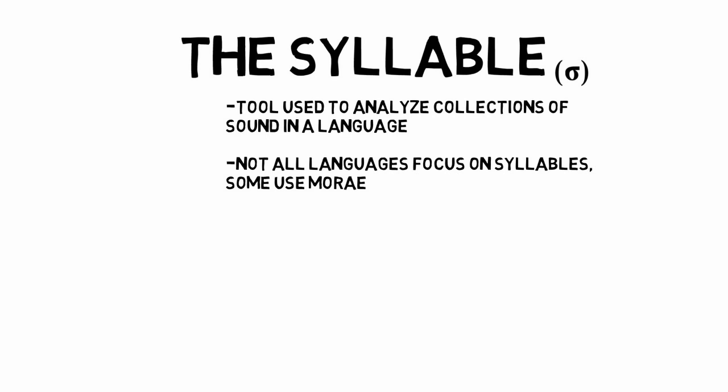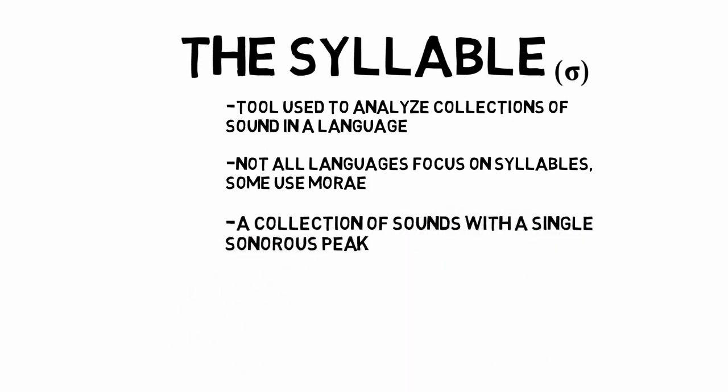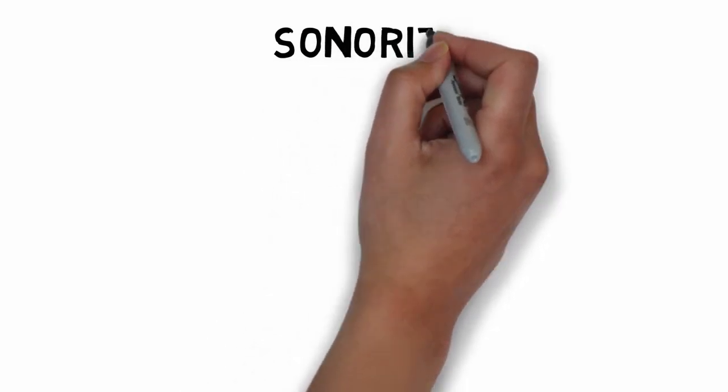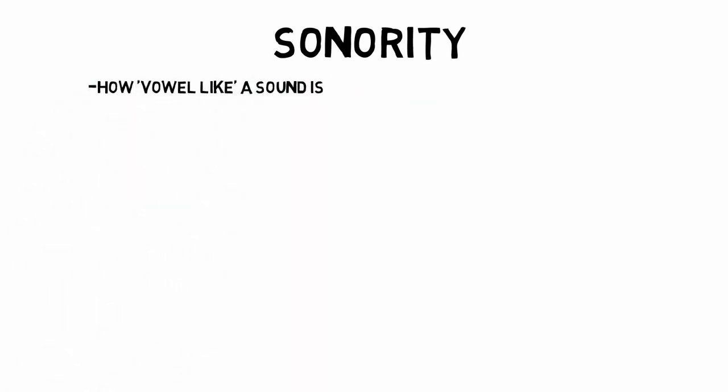In linguistics, a syllable is then defined as a collection of sounds with a single sonorous peak, which is only really useful if you know what the word sonorous means, and I don't think most people do. So let's talk a bit about sonority. Sonority is the feature of a sound that refers to how vowel-like a sound is.